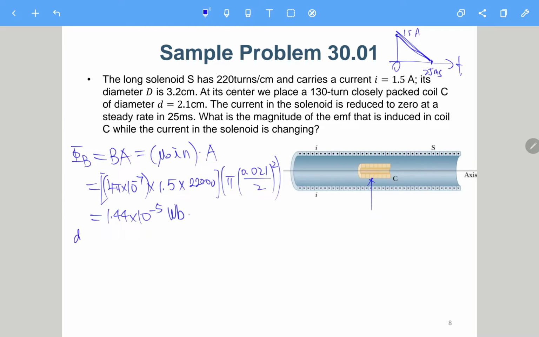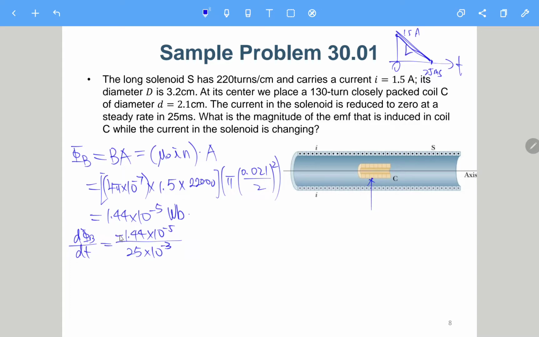And then dΦB/dt should be negative 1.44 times 10 to the negative 5 all over 25 times 10 to the minus third power. This minus sign is because it starts from 1.5 and then reduces to 0, so we have a negative slope here.